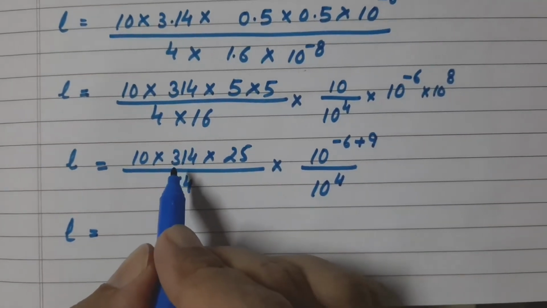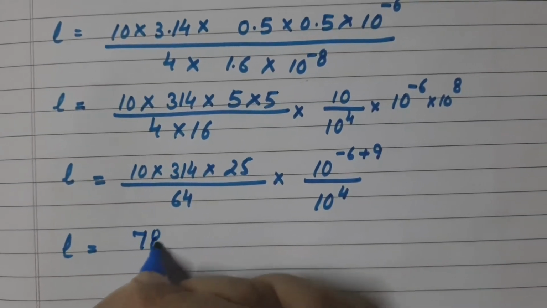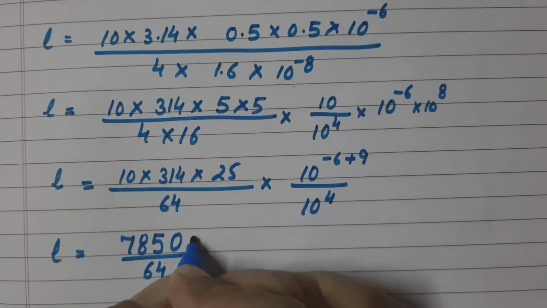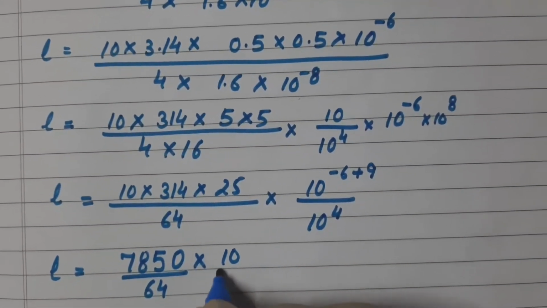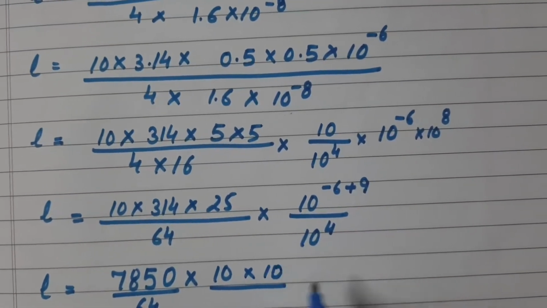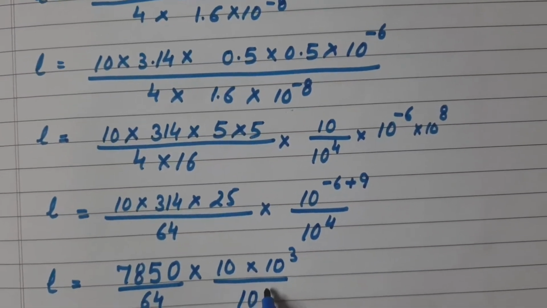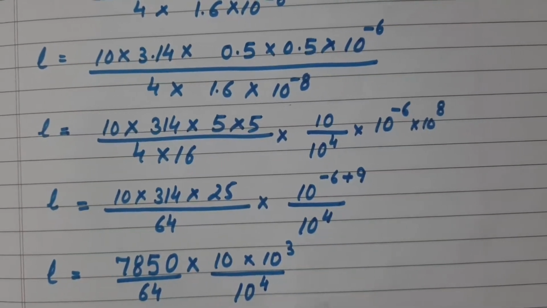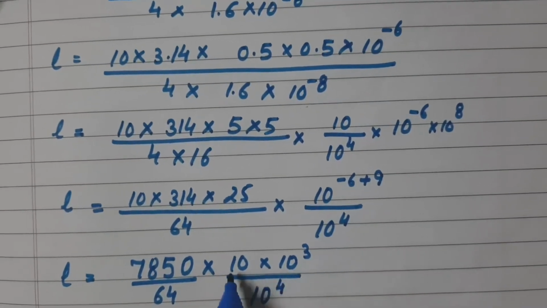When we multiply 314 and 25, it will be 7850 upon 64. The powers of 10 cancel out in part.